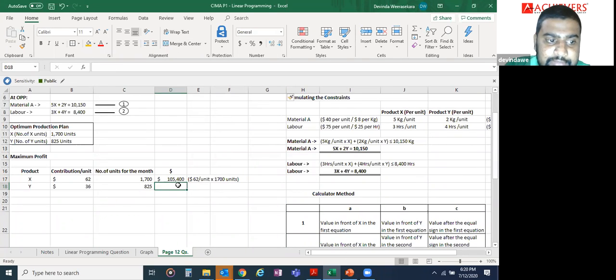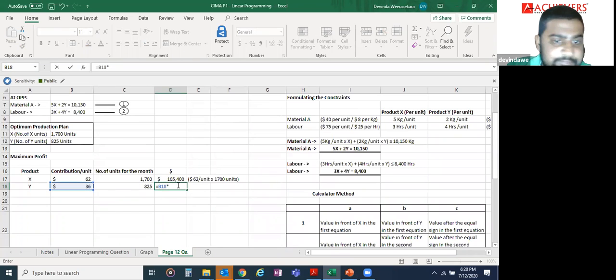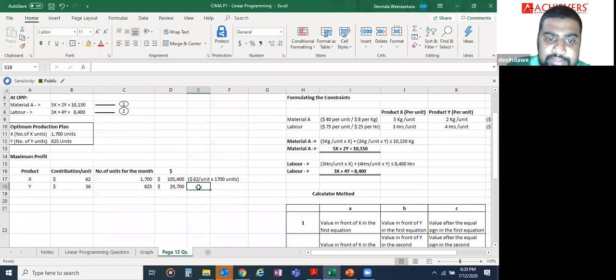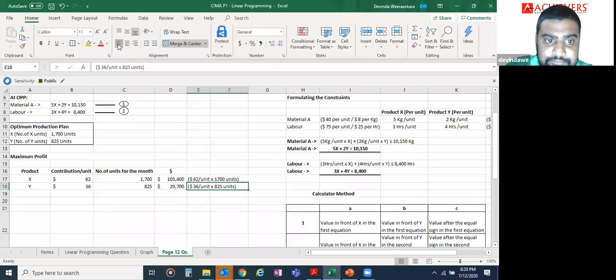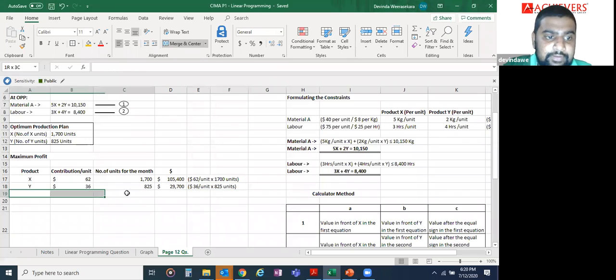Then from Y, 36 per unit into 825 units, 29,700. Right.